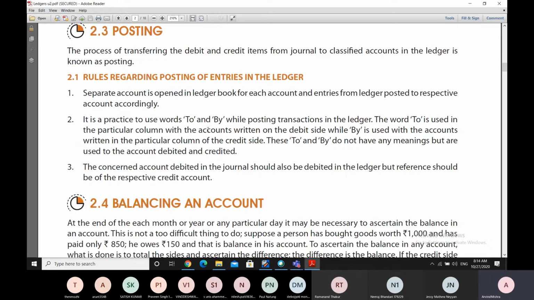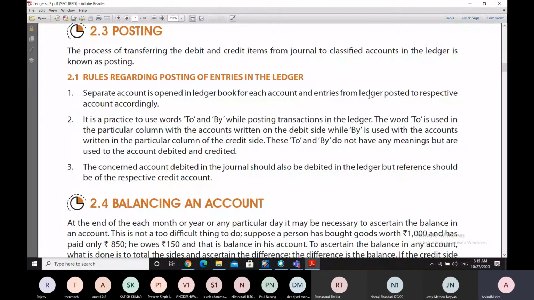Now, what are the rules regarding posting of the entries in the ledger? Number one rule is that for every account, a separate account is opened in the ledger book, and all the entries are posted to the respective account in the ledger.